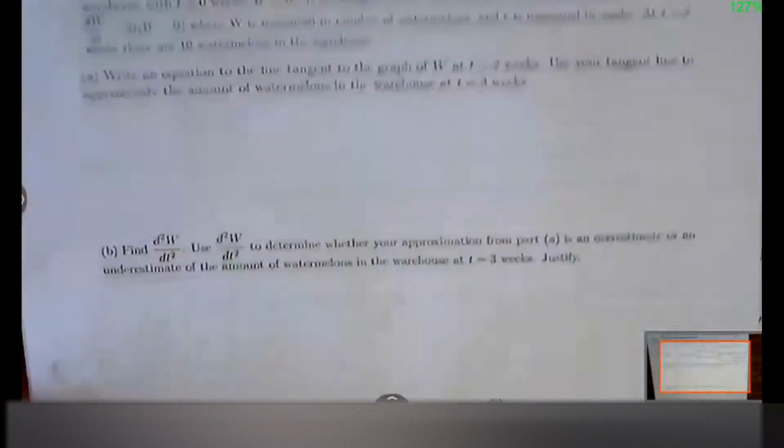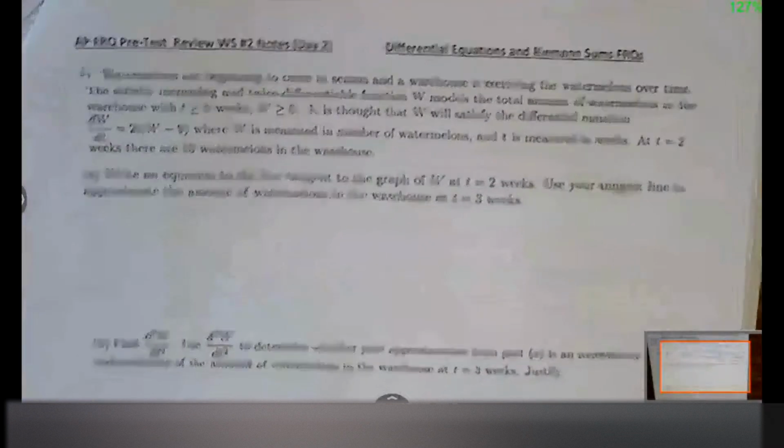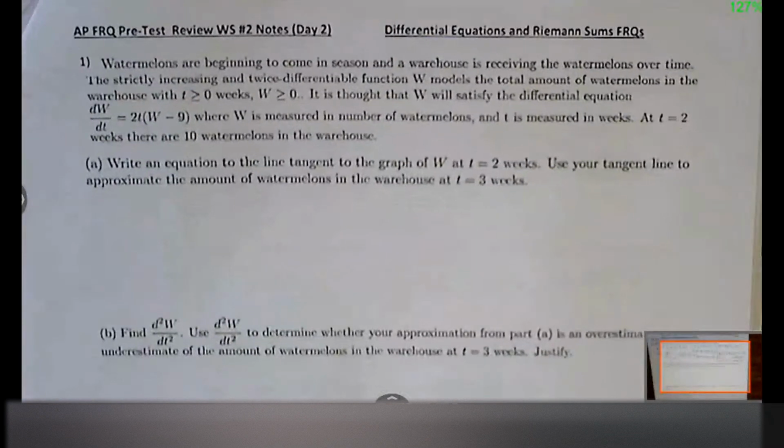Okay, so let's look at day 2 notes. It says watermelons are beginning to come into season, and the warehouse is receiving the watermelons over time.